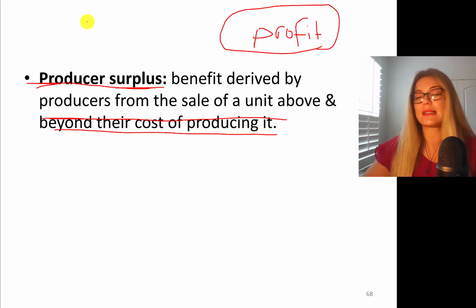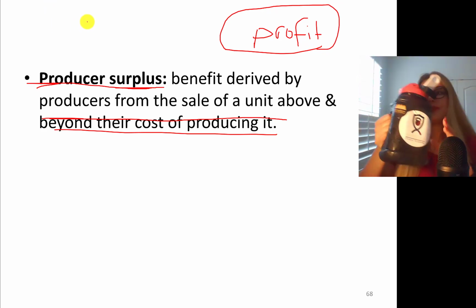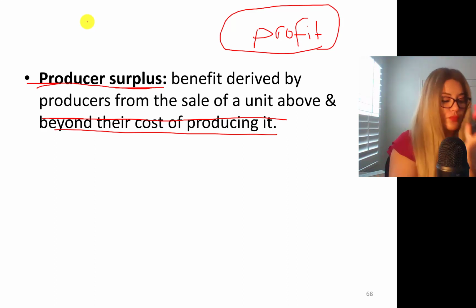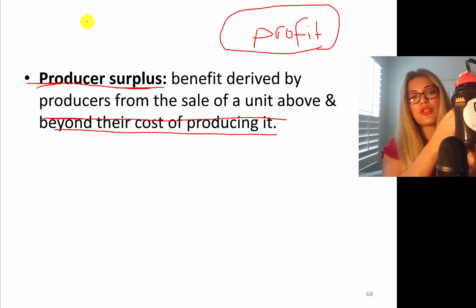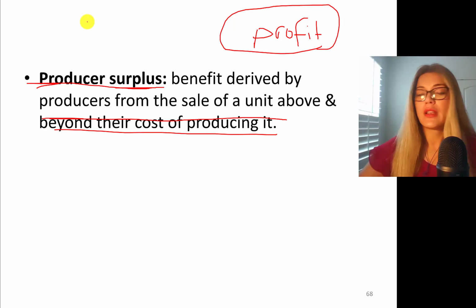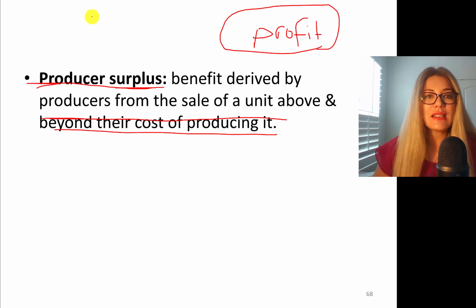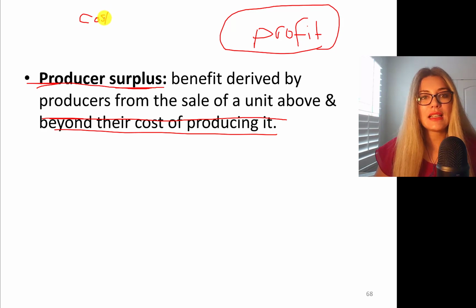For instance, let's say this water bottle. Let's say I'm the producer of this water bottle, and the cost of producing it is 50 cents. Very cheap, they usually are.